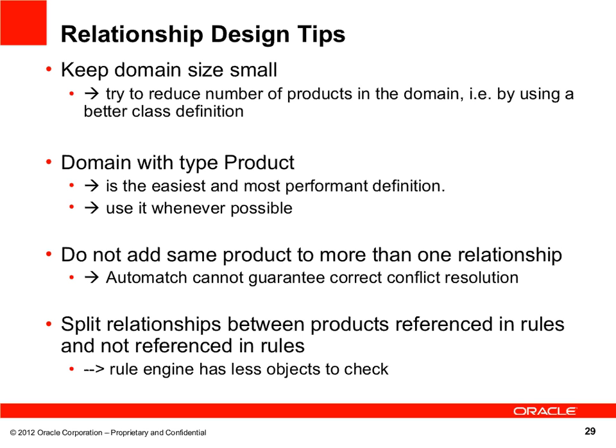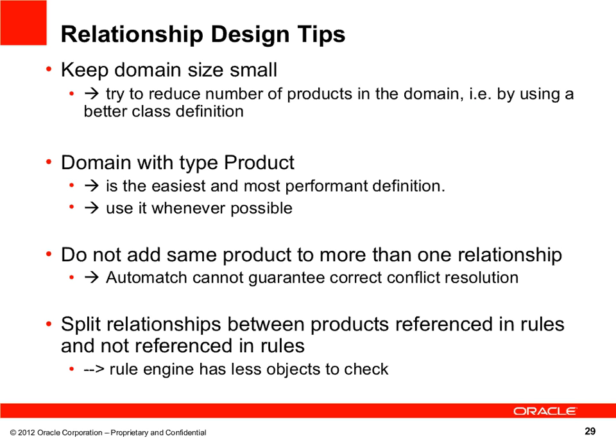So what you can do is reduce the number of products in a domain. The best is, of course, if you have a domain with the type product. It's the easiest one, it's the most performant one, and it only offers 1 product to select. So whenever possible, simply use it.